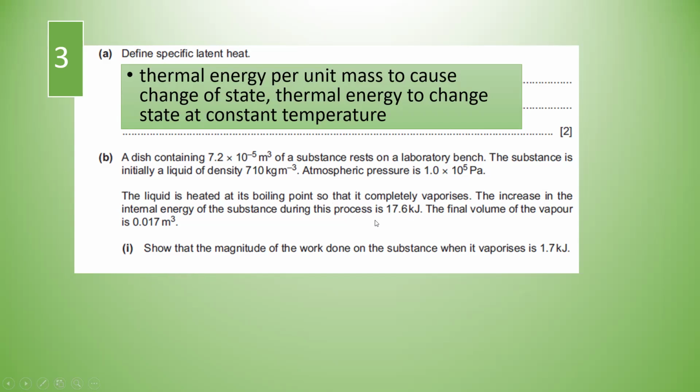The increase in internal energy of the substance during the process is 17.6 kilojoule. This is the internal energy. The final volume of the vapor is 0.17 meter cube. Show that the magnitude of work done on the substance when evaporized is 1.7 kilojoule.